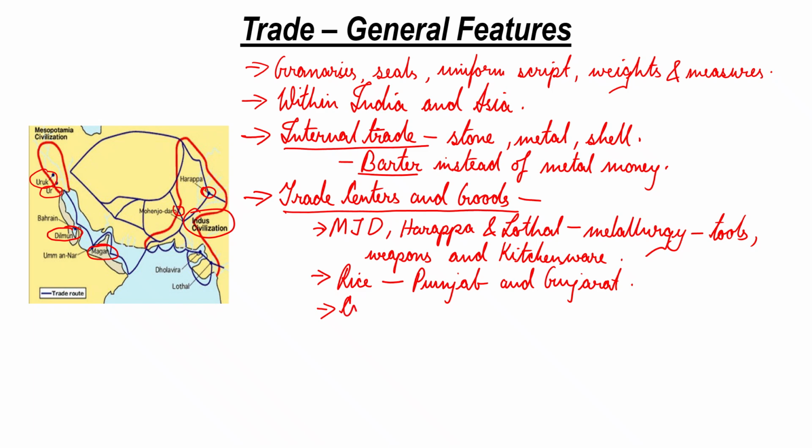Cotton was also there. Cotton the Harappans got from Lothal and another place called Surkatoda. So these were the places, Lothal and Surkatoda, from where the Harappans got cotton.